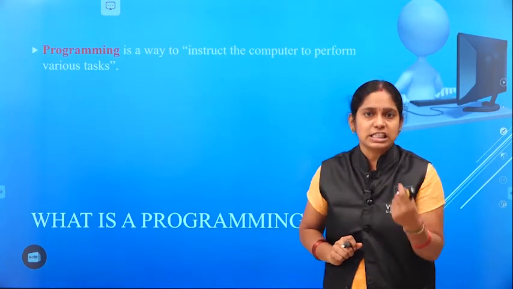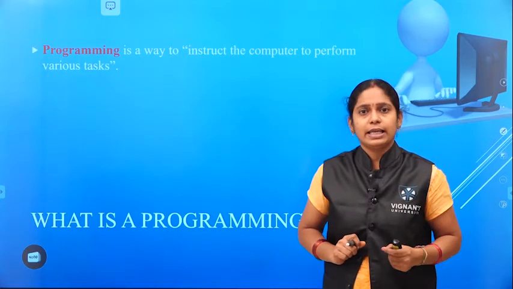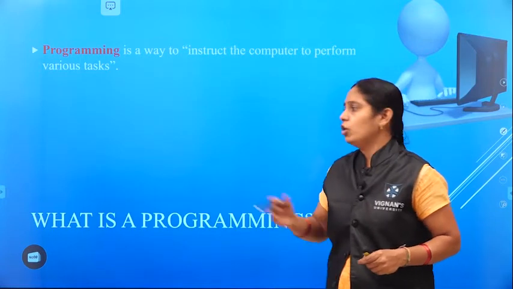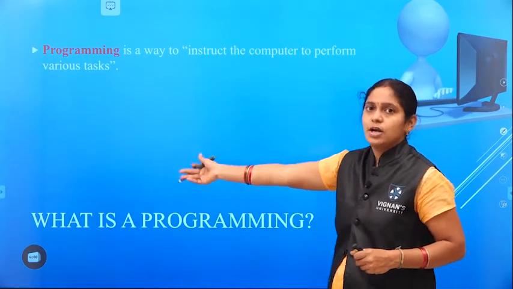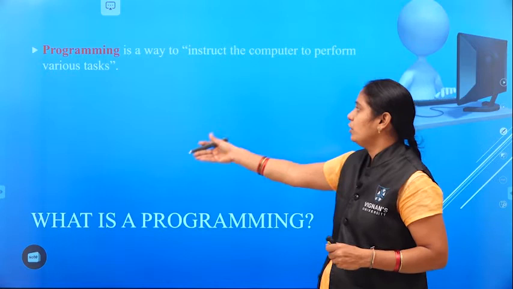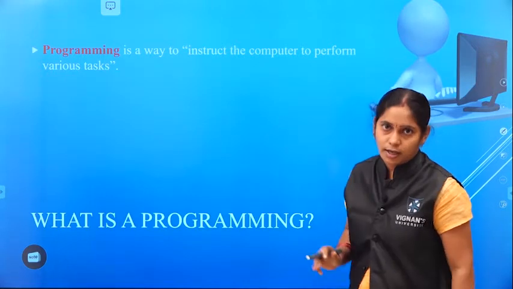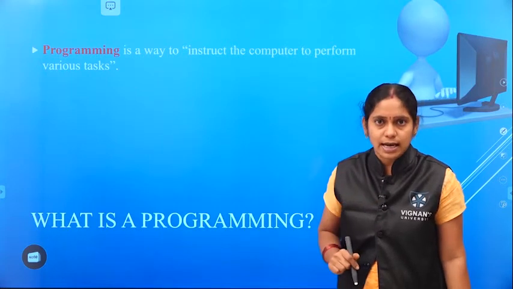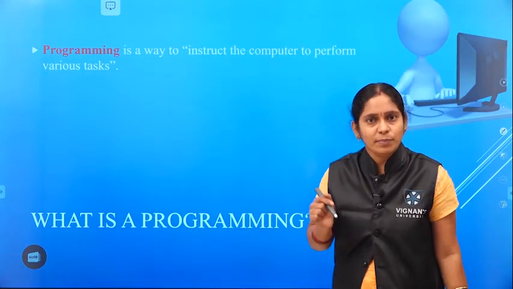Can I pass the same instruction to a computer? I go to a computer and tell it, okay computer, do 1, 2, 3, 4, 5 plus 6, 7, 8, 9, 10 and so on. If I tell it simply like that, can the computer understand it? Will it perform the task?